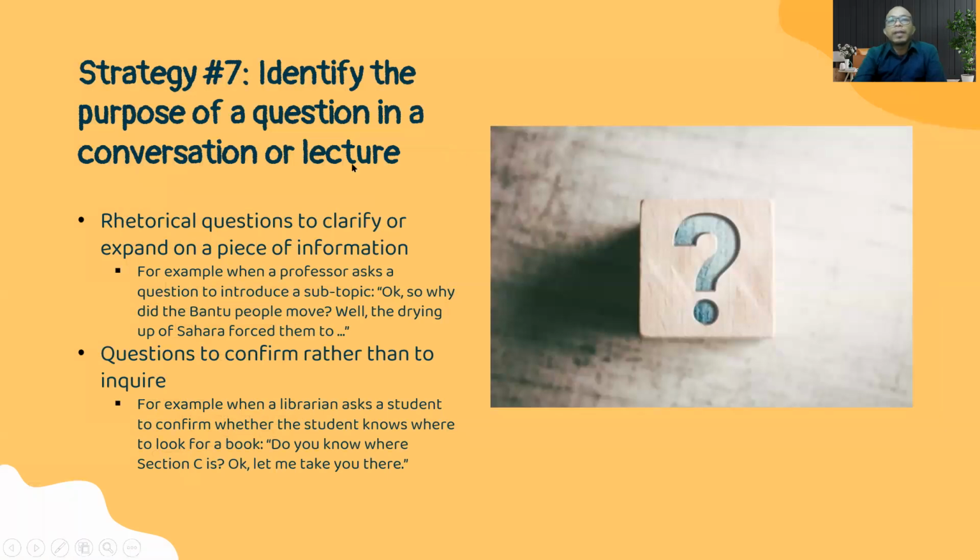Strategy number 7, identify the purpose of a question in a conversation or lecture. So, rhetorical questions to clarify or expand on a piece of information. Sometimes the professor will ask a question called a rhetorical question.